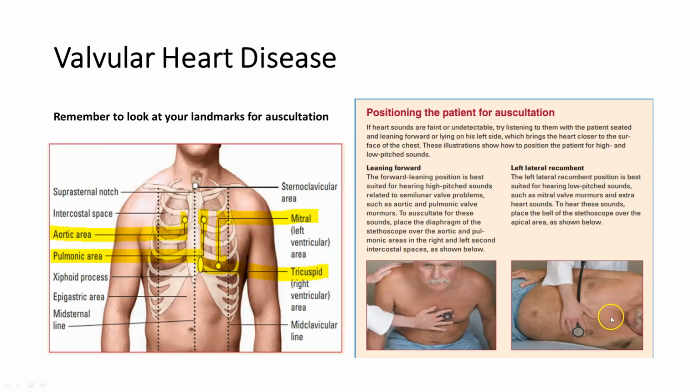You guys don't need to know that. You need to know that you're going to listen to heart sounds to assess for information such as a new murmur or an extra heart sound.